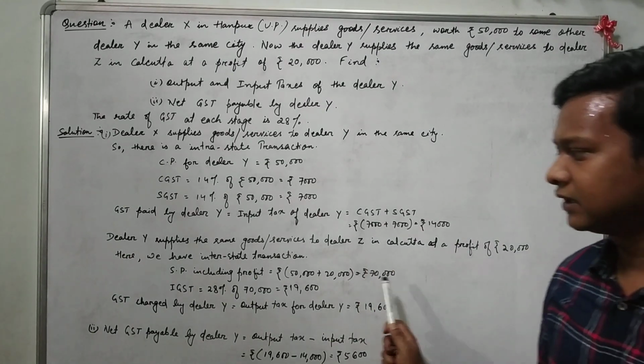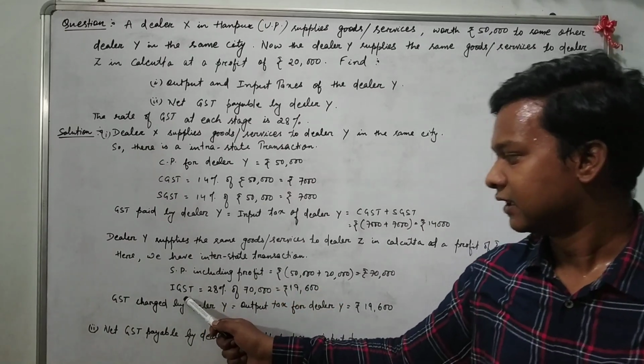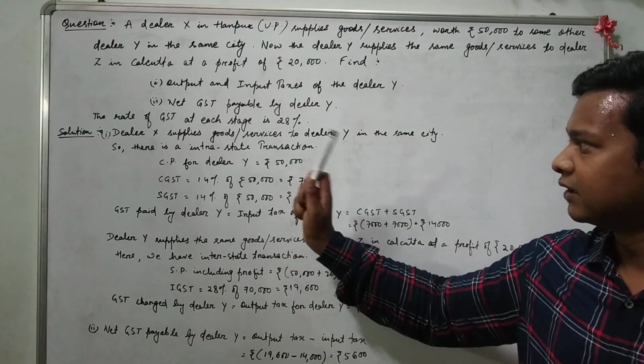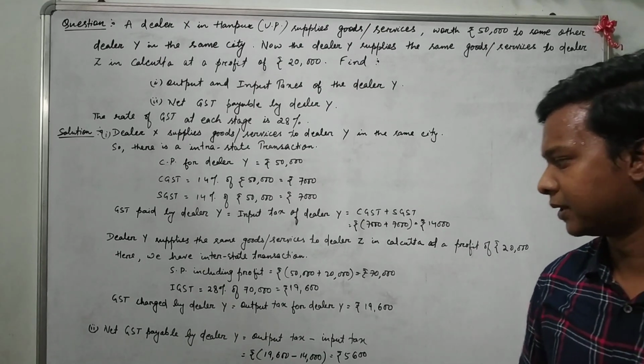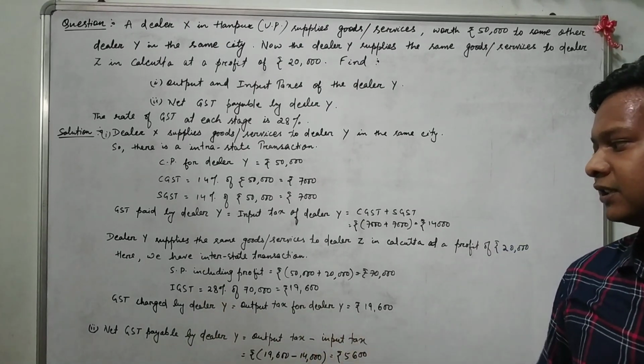Okay. So, since it is an interstate transaction, we will have the IGST. IGST is equal to rate of GST into the selling price. Selling price is rupees 70,000. So, here we will get the IGST as rupees 19,600.